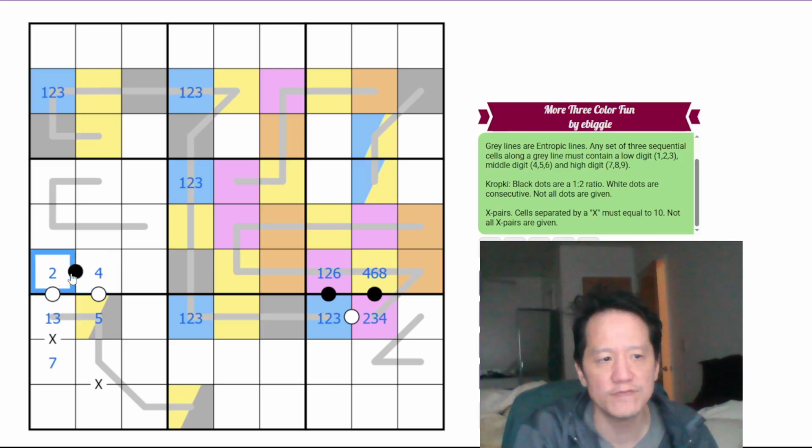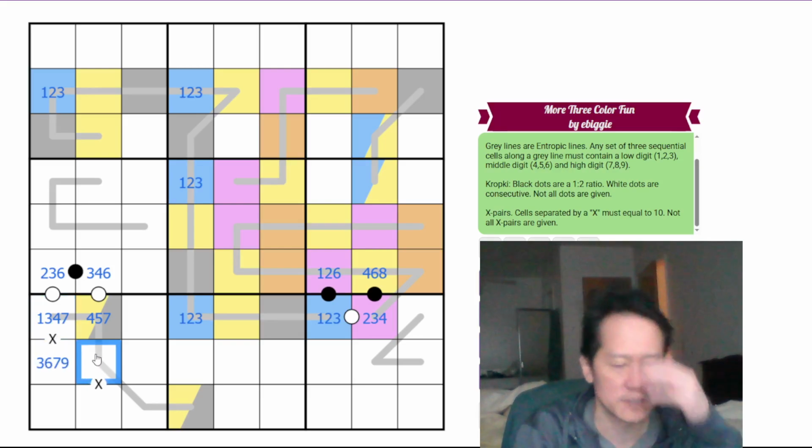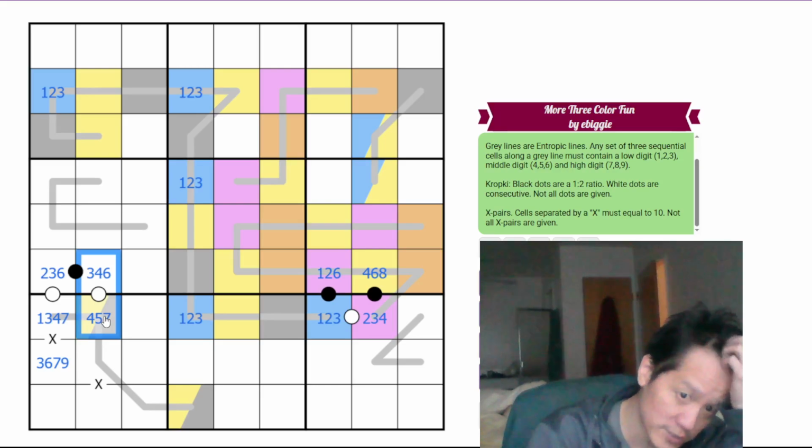So 2 and 4 is allowed because then those would both be gray. 3 and 6 potentially could be allowed if these are 4 and 7, right? So this is 7 and 9. This would be 4 and 7 with 3 and 6. So this is a possibility.